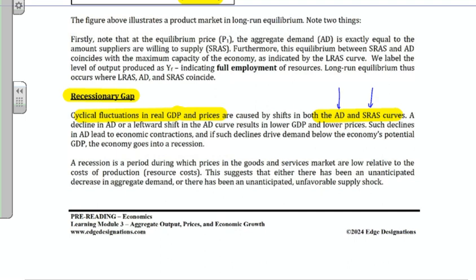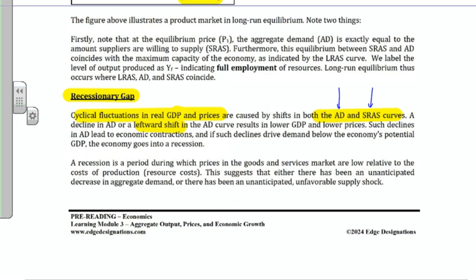A decline in demand would cause a left-hand shift in the demand curve, lower GDP, lower prices. What would this cause? Probably on our way to things like economic contractions.